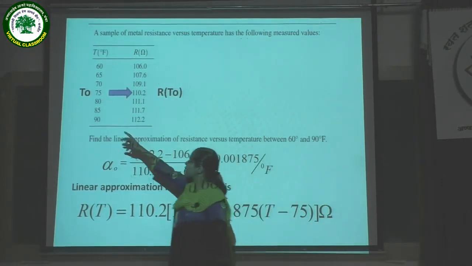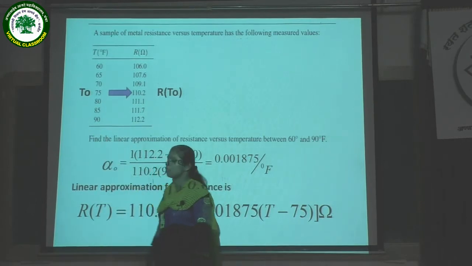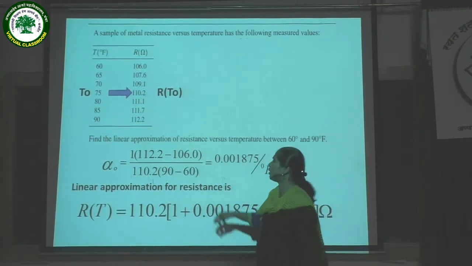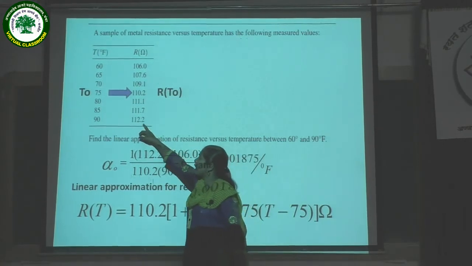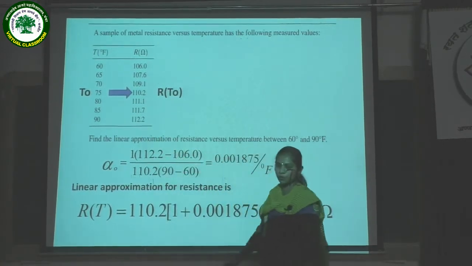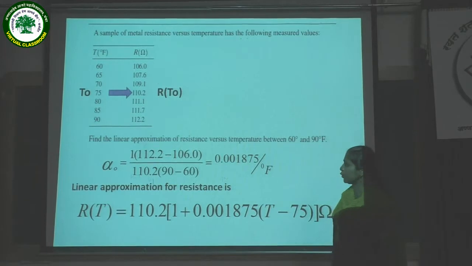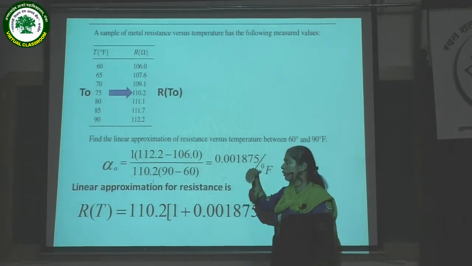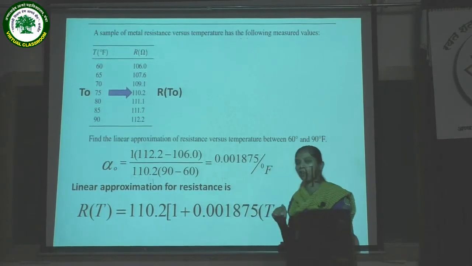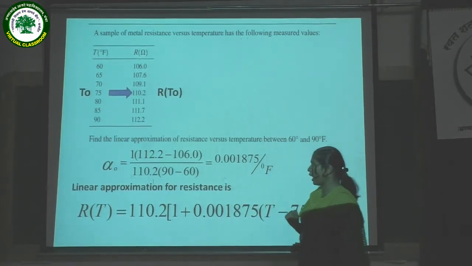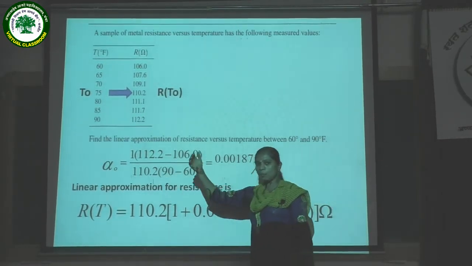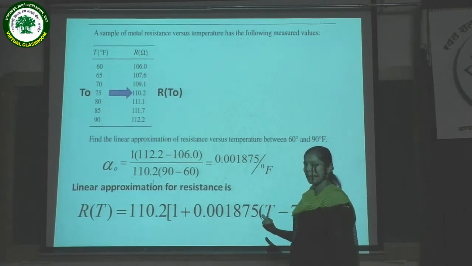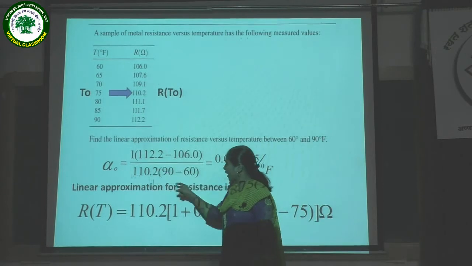Similarly, the maximum temperature, 90 degrees Fahrenheit, we select as T2, and the corresponding resistance as R2, and we substitute the values of R2, R1, T2, T1 to calculate alpha 0. As we know, alpha 0 is given by 1 upon RT0 times R2 minus R1 upon T2 minus T1. So we have substituted all the values here.